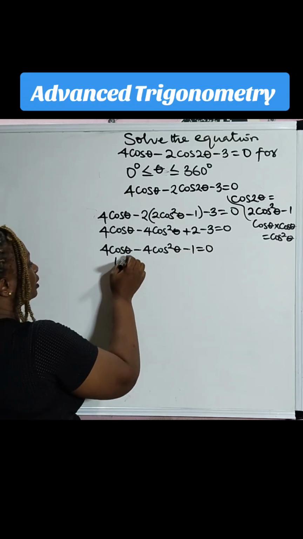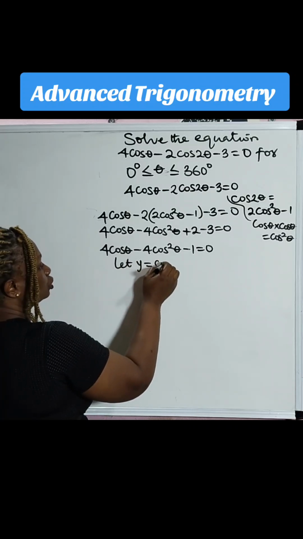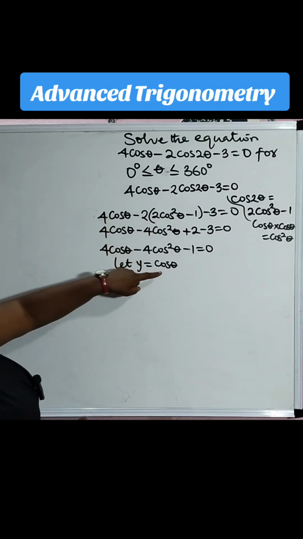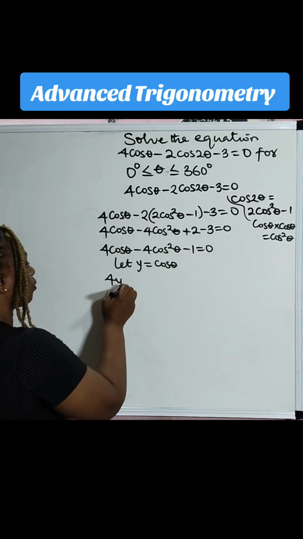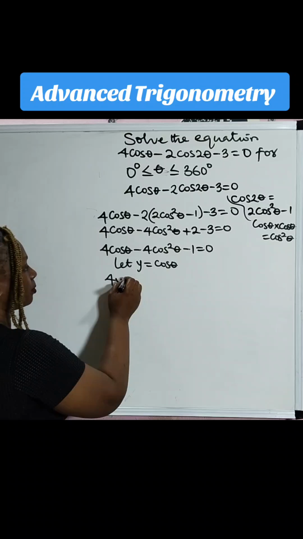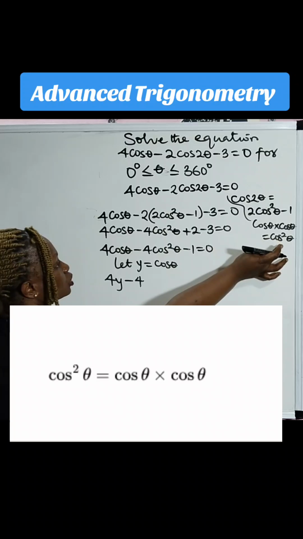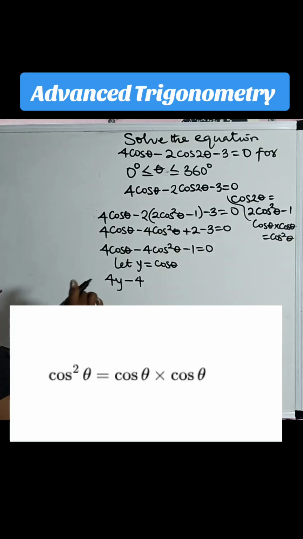Now we say let y be equal to cos theta. Okay, so if y is equal to cos theta, here we will now have 4y, okay, minus 4. Remember I told you that cos square theta is cos theta times cos theta. So we have y times y.